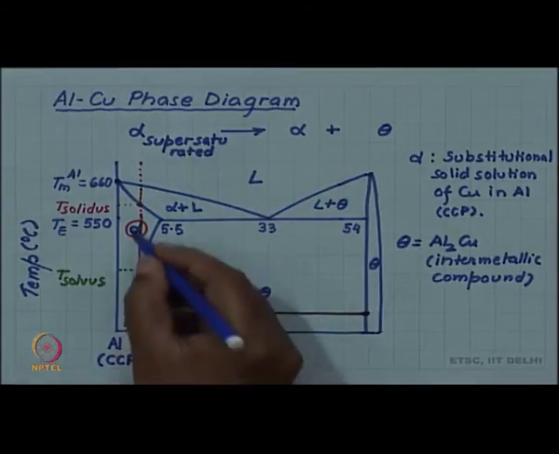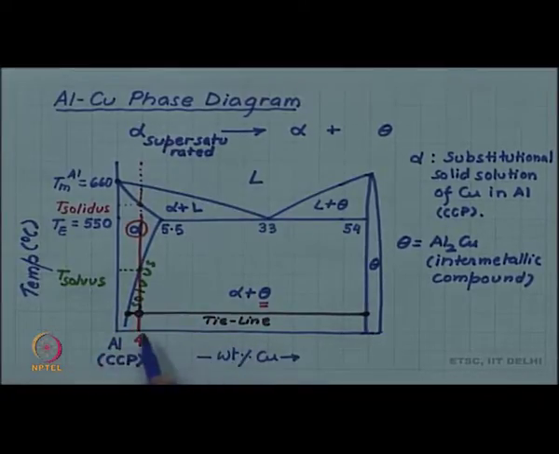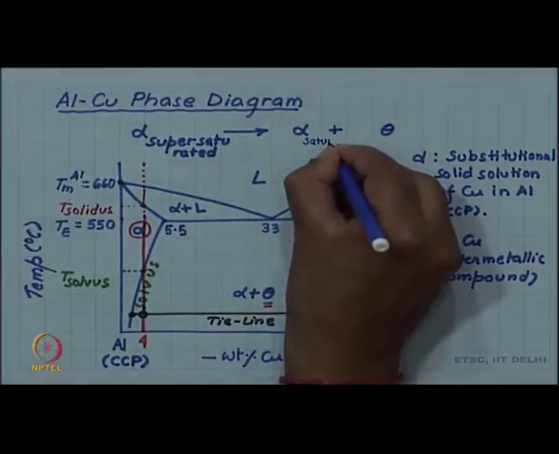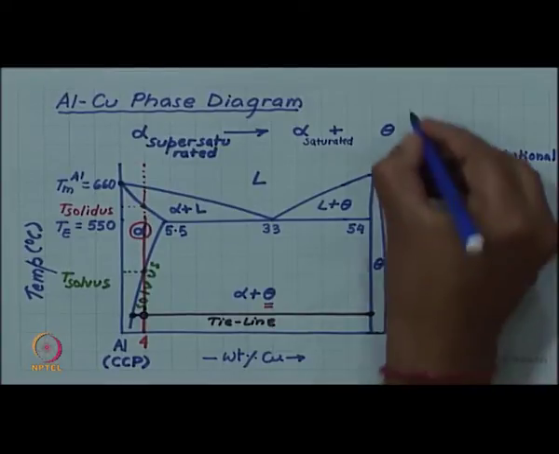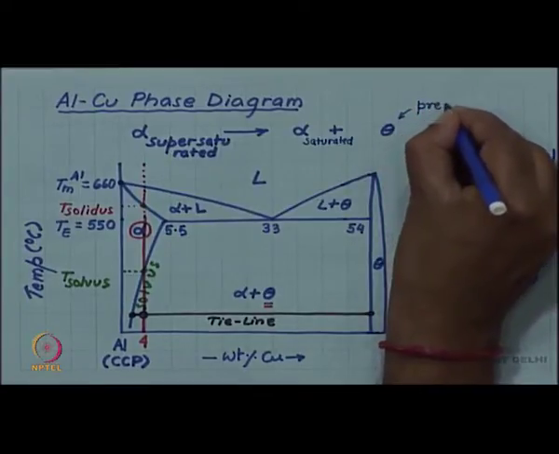Suppose we have 4% copper and we brought it to this temperature, then at this temperature the 4% alpha has a very high concentration compared to the saturated alpha, which is given by the solvus line. So, this is a supersaturated alpha, and this will give you a saturated alpha plus theta. Theta in this case will be called precipitates.